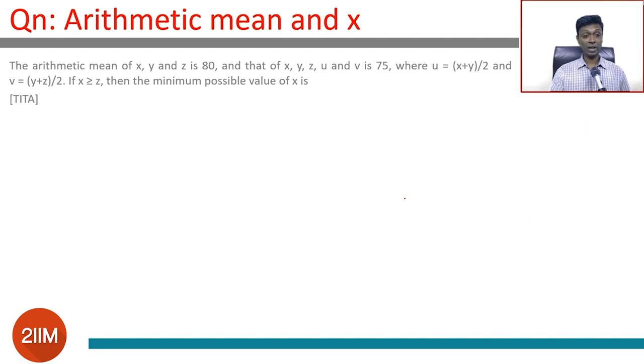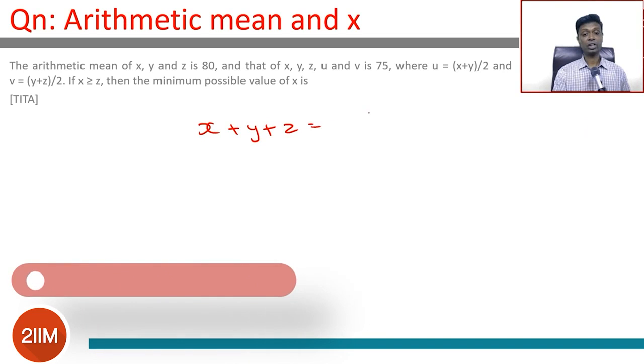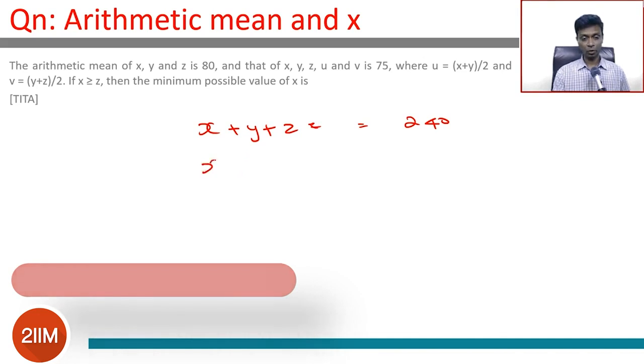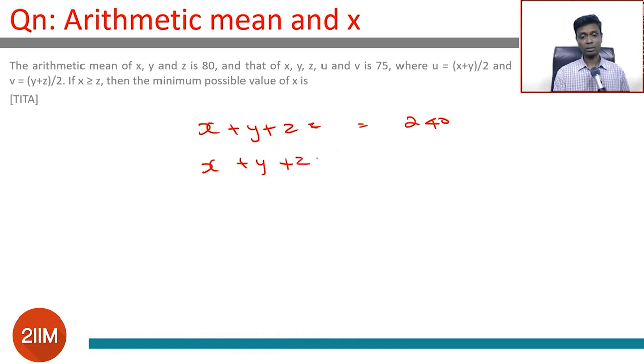The arithmetic mean of x, y and z is 80, or x plus y plus z is 240. The arithmetic mean of x, y, z, u and v is 75, or x plus y plus z plus u plus v equals 75 into 5, 375.